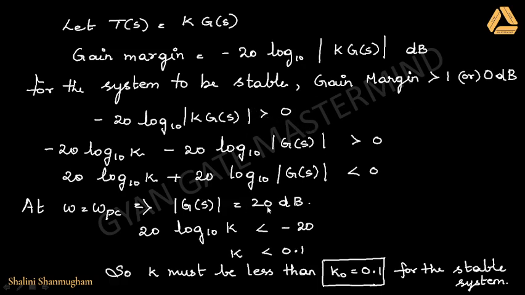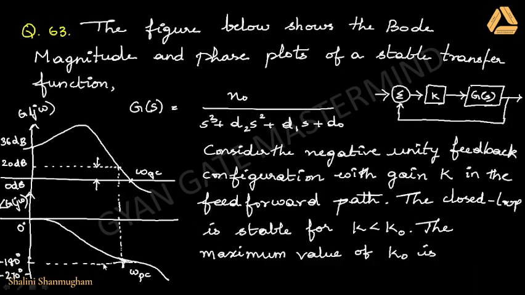So after substituting, you will get a simplified equation, and you know that the gain margin for G(s) you can find from this graph, because you have to find the phase crossover point, which is the point where the phase plot intersects the minus 180 degree line. That will give you the phase crossover point.